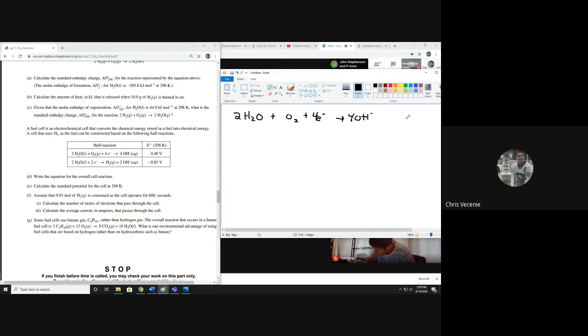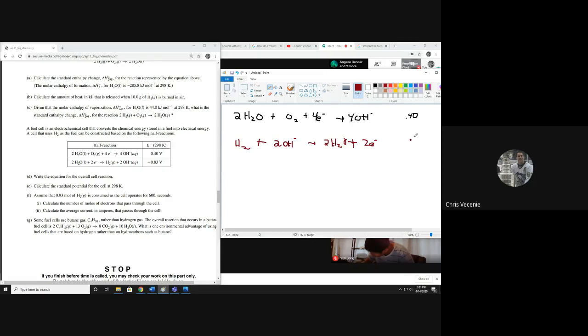That stays as 0.40. We're going to flip the other one, which is going to be the H2 plus the 2OH negative going to 2H2O plus 2 electrons.